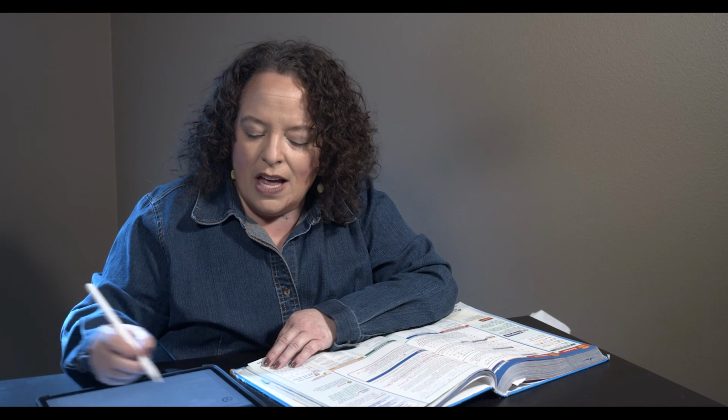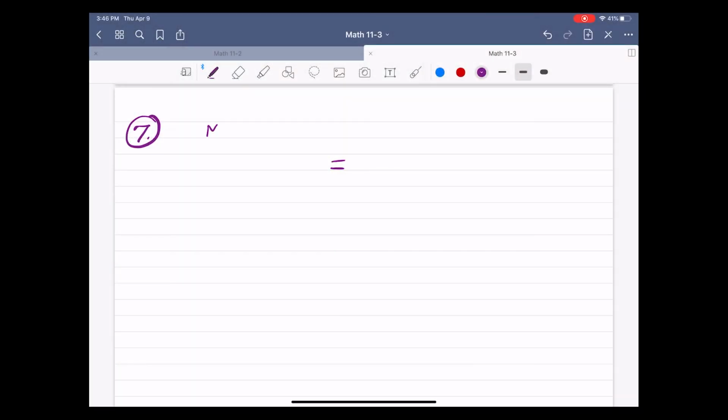All right, so we're going to set an equal sign here in the middle because they're saying you've got a member over here and you have a non-member over here, okay? And we want to figure out what it's going to take for them to pay the same amount.